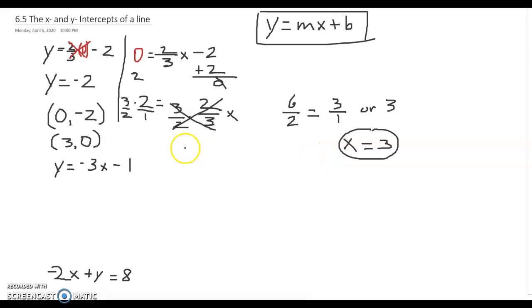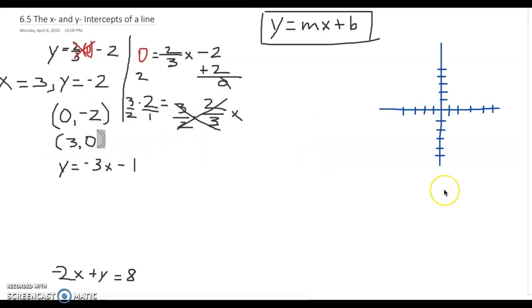So when we graph this, these are the points that we're going to use. So what we're talking about now is we're going to graph our points, which is right here. We're going to go 0 and then down 2, 1, 2. And then we're going to go x is 3, 1, 2, 3. And we're not moving anywhere because the y is 0.